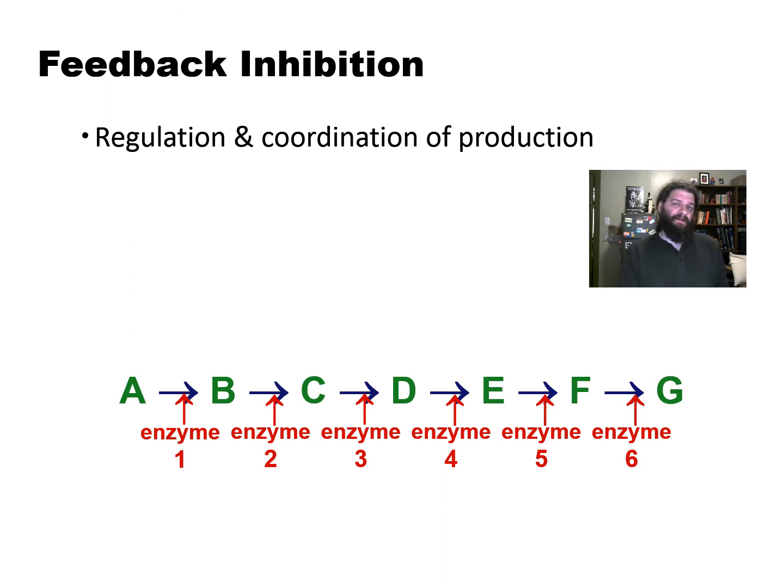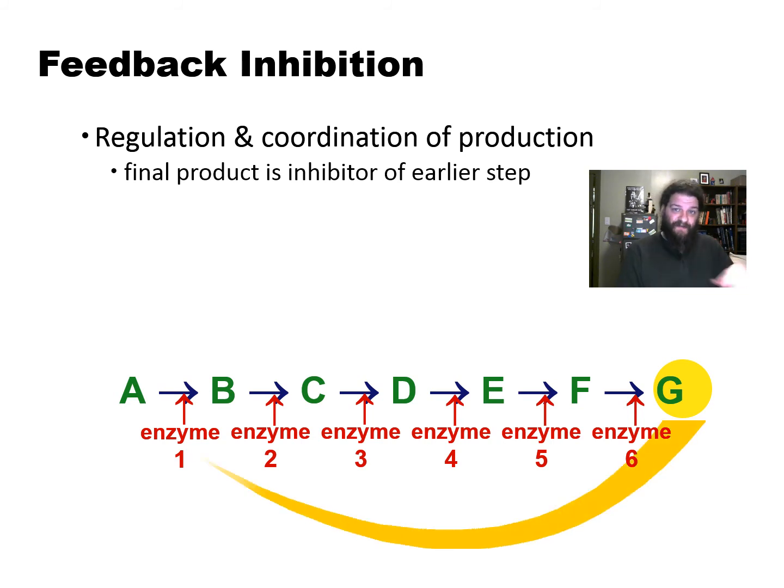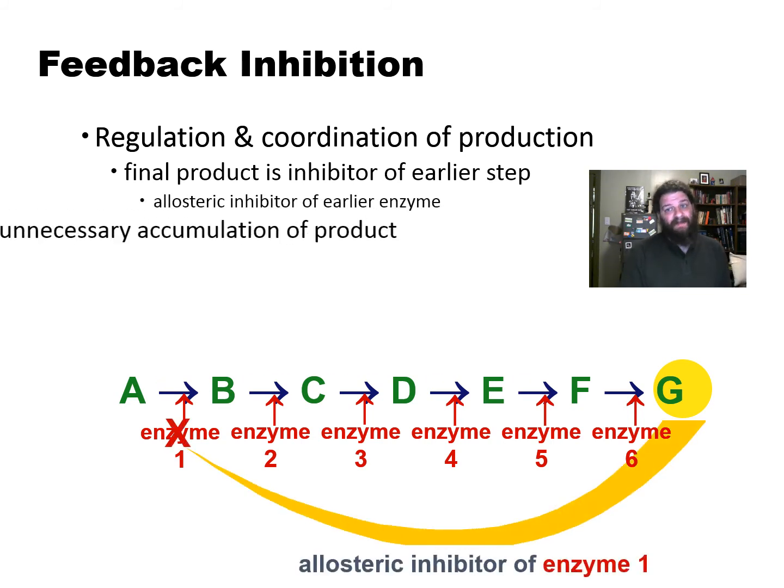But the respiratory pathways provide a great example of feedback inhibition, where the product of the sequence of enzymatic reactions actually feeds back and is an allosteric inhibitor of one of the earlier enzymes.